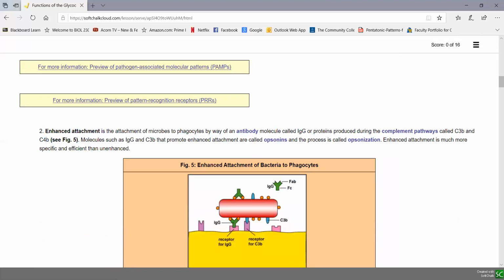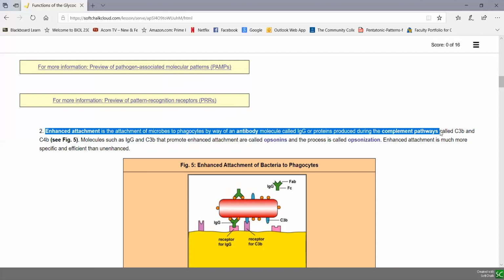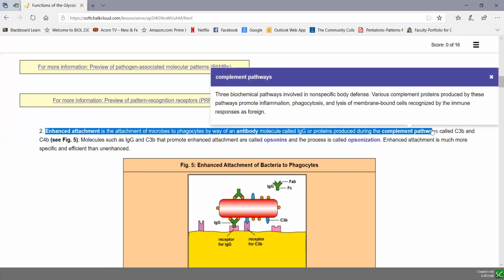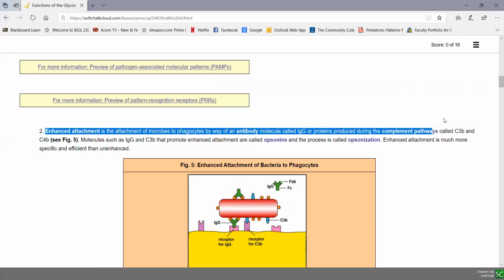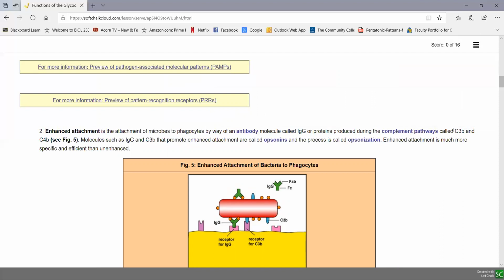Now, enhanced attachment, our other form of attachment, is the attachment of microbes to phagocytes by molecules. Primarily, this is by antibody molecules, specifically those called IgG, or by proteins produced during the complement pathways, another part of innate immunity. And the attachment structures on the surface from the complement pathway are called C3b and C4b.